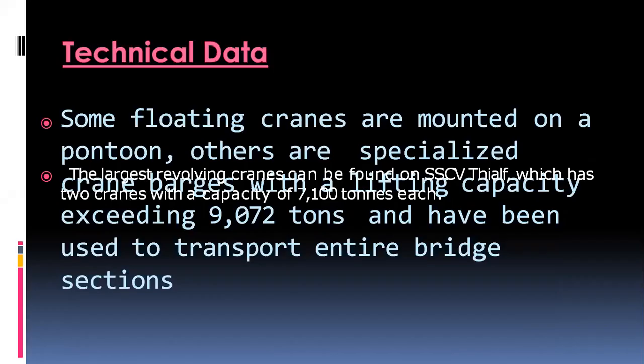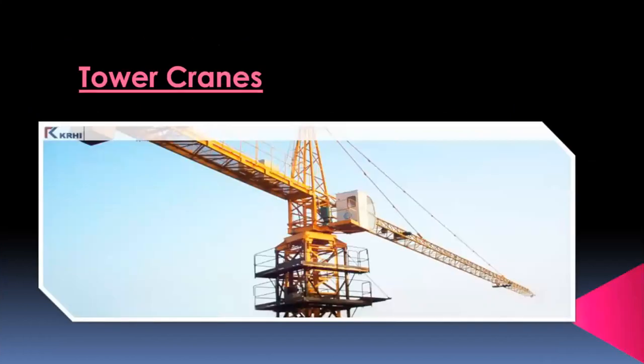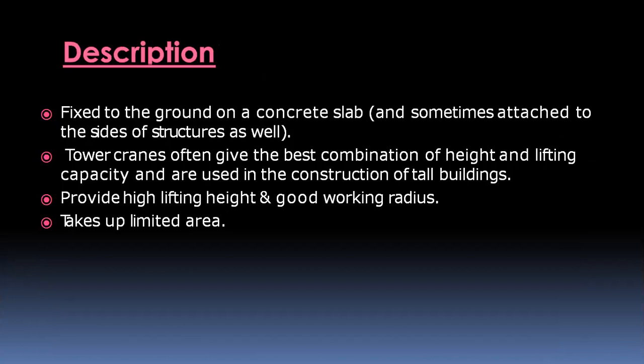These are the tower cranes, fixed to the ground on a concrete slab and sometimes attached to the sides of the structures as well. These tower cranes often give the best combination of height and lifting capacities and are used in the construction of tall buildings.